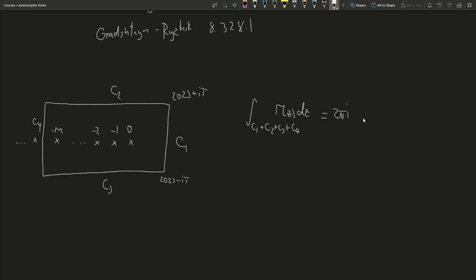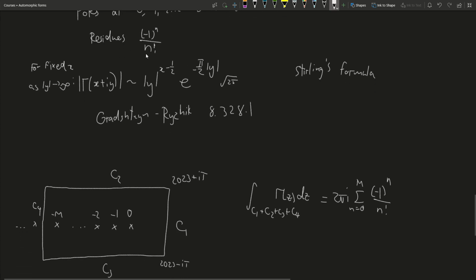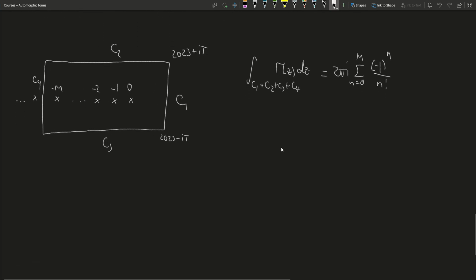So it's going to be the sum n equals 0 to m of minus 1 to the n over n factorial. Because we had said previously that that's what the values of the residues were. You can look that up on Wikipedia, for example. It's well known.